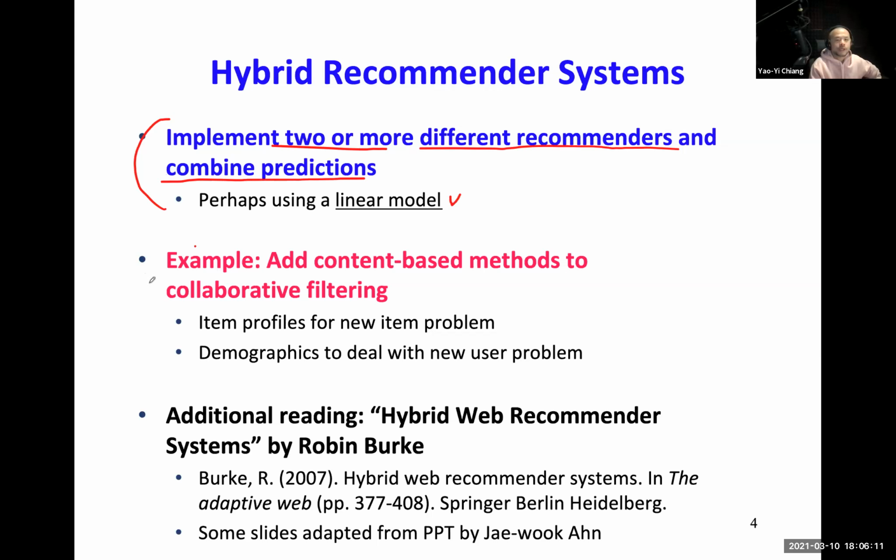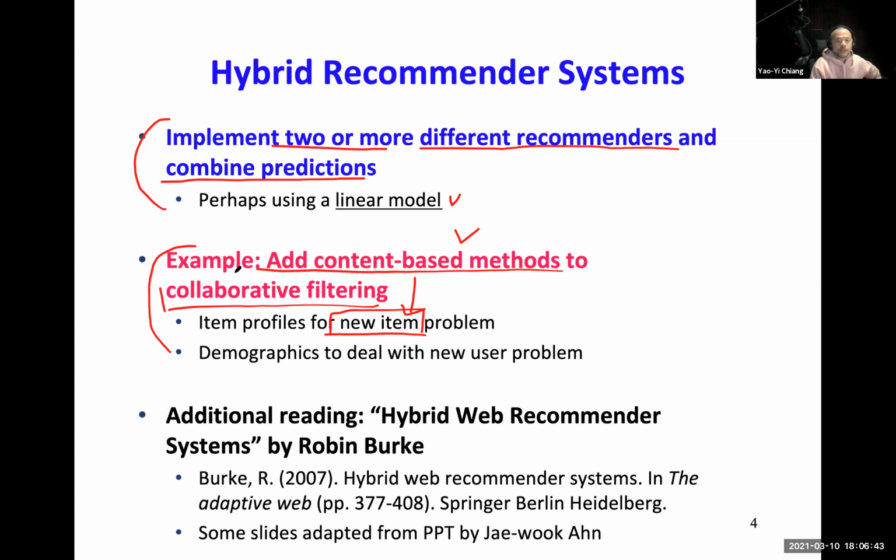So some example here, this is adding content-based method to collaborative filtering. So think about why we need this type of hybrid. So content-based method is really good at describing new items, right? Because content-based method are able to describe the content of an item even before anyone has rated that item.